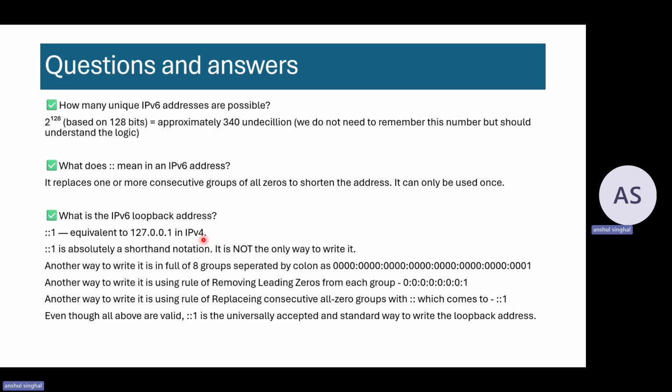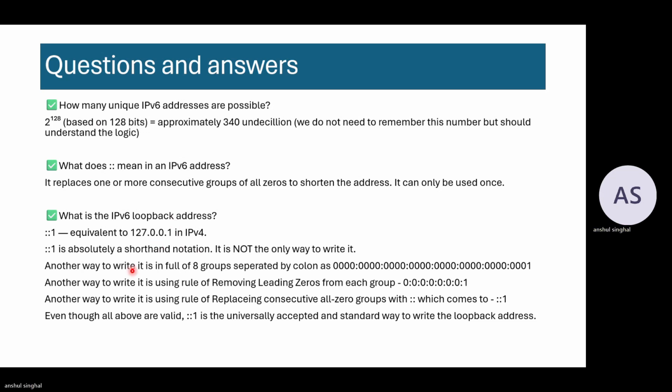If we send any message to the IP address 127.0.0.1, it will not go outside. It's just the address of the machine itself from where we are sending the message.